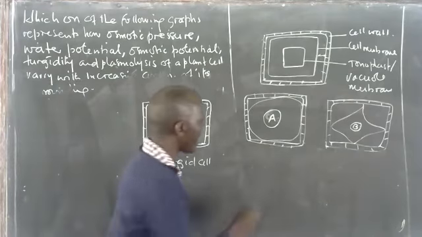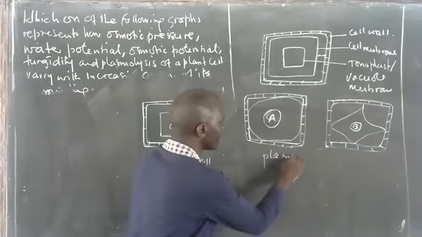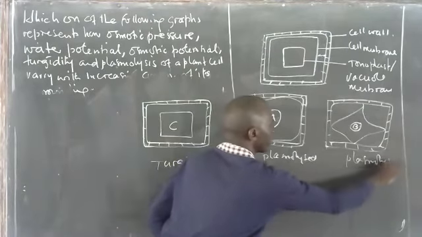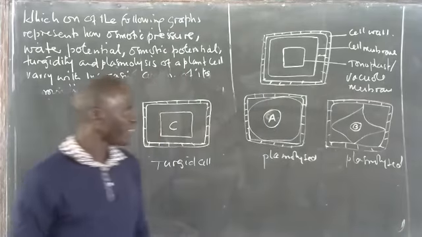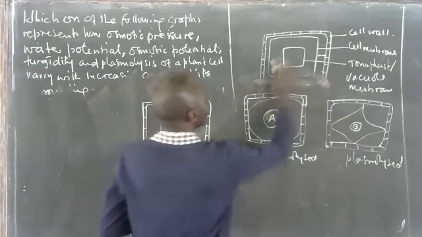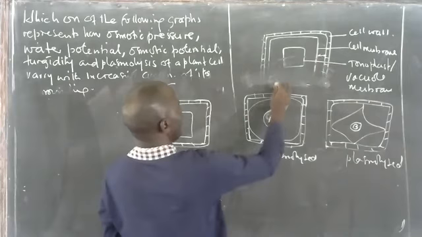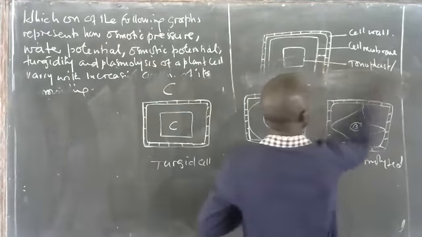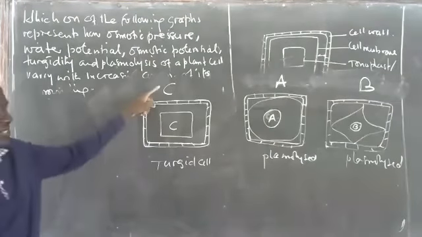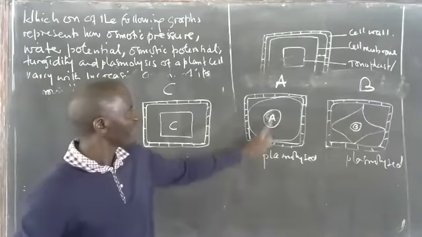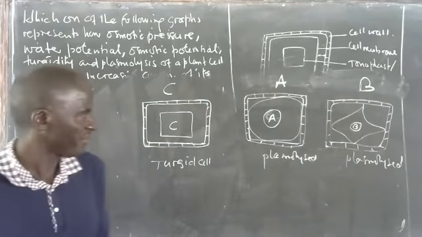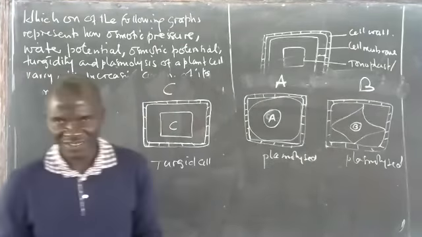Then A, I will also say this is plasmolyzed. Even this one is plasmolyzed. But if I ask you, this was put in solution C, to become this; this was put in solution A, to become this; this was put in solution B. This and that, they are plasmolyzed.